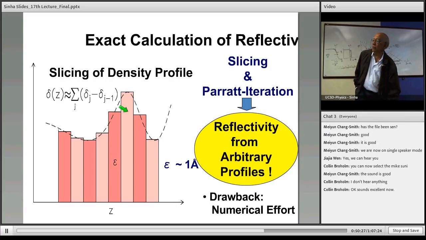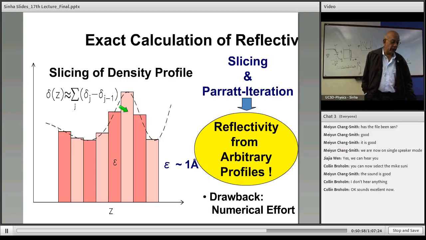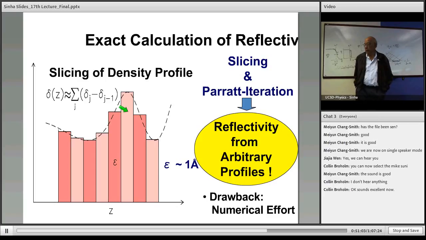And by making these slices as thin as you like, you can get as accurate a representation of this curve as you want. But of course, the increasing number of slices, as you will see, leads to increasing computational effort. So you can get accuracy as much as you want for an arbitrary profile to calculate the reflectivity, provided you're prepared to spend more computational time doing it. Of course, nowadays, with the advent of very powerful, fast computers, that's not a problem.